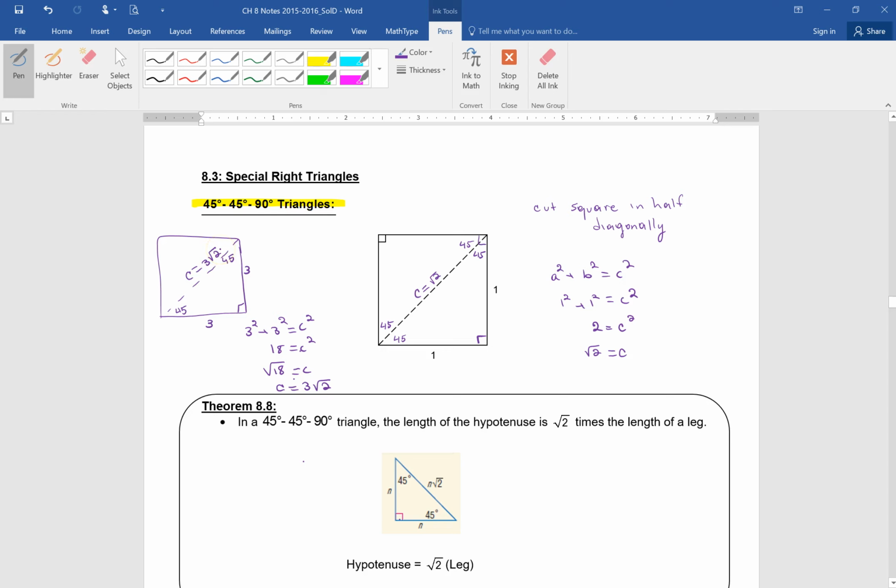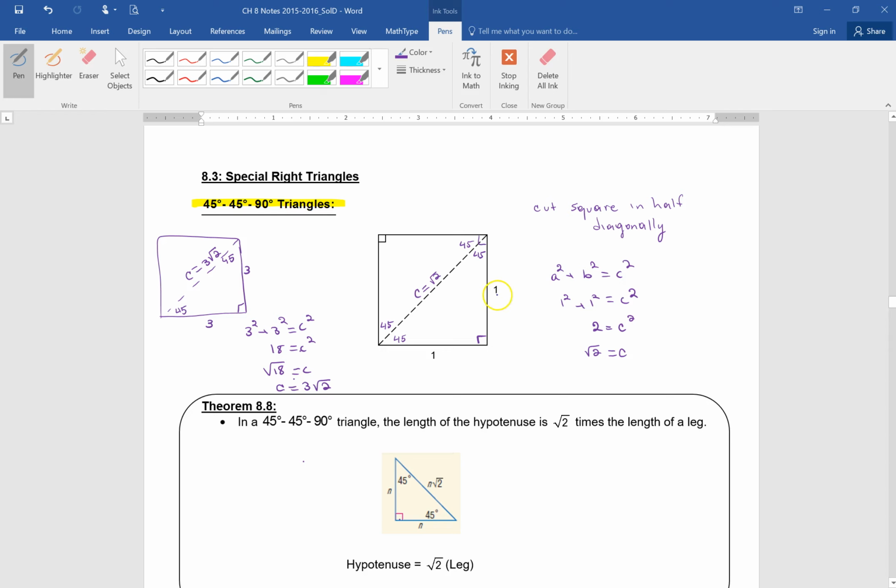Whatever the legs are, the hypotenuse is the leg times root 2. And this is one of the big theorems about 45, 45, 90 triangles. So this is a 45, 45, 90 because those are the angles. And when you do have a 45, 45, 90, it never fails.